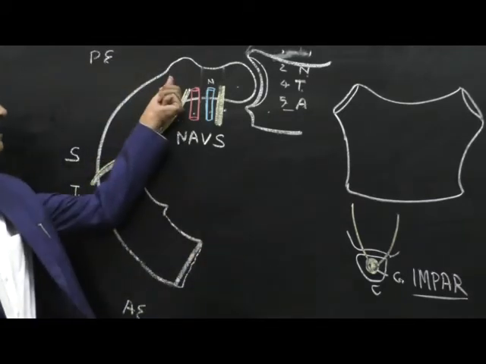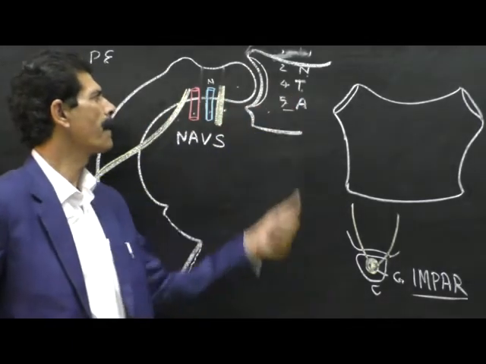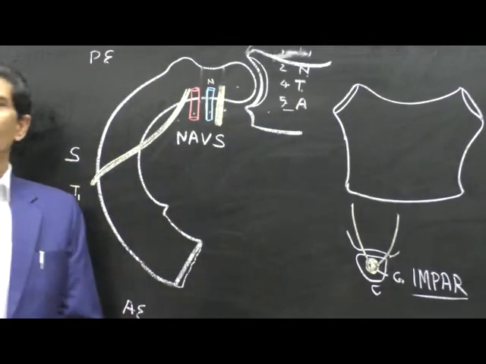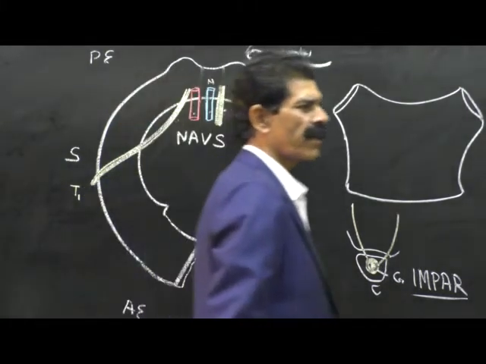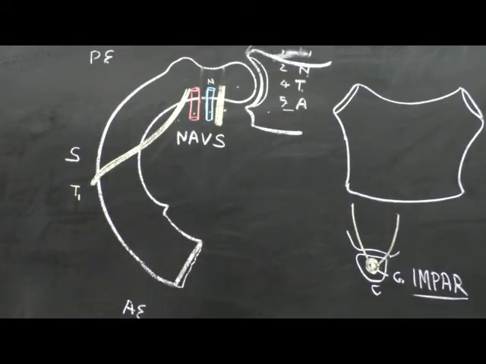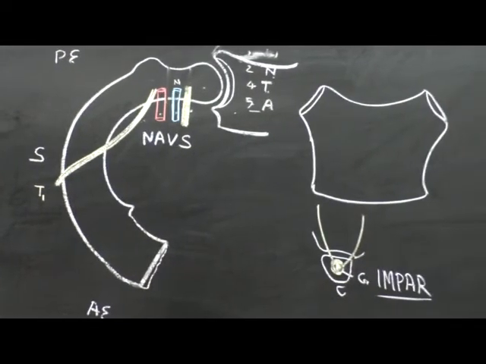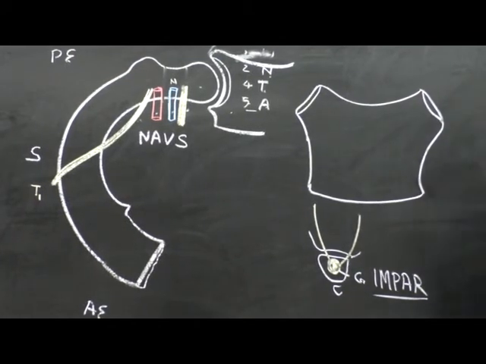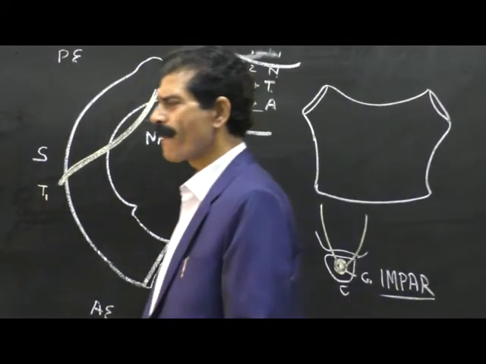Then, the later part is the tubercle. In anatomy, the word tubercle is taken from botany. Tuber is a modified underground stem; what is the example?